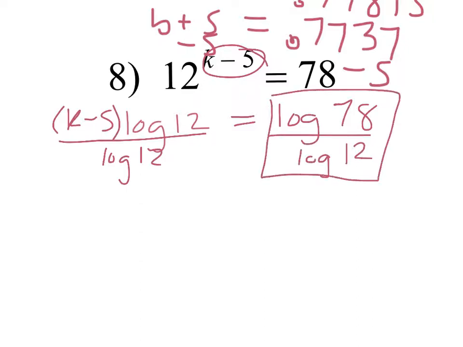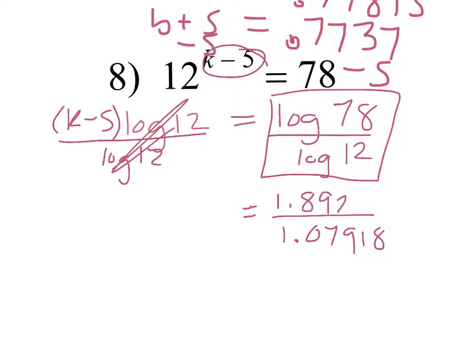And then we put this into the calculator. So the log of 12 is 1.07918. And the log of 78 is 1.89209.